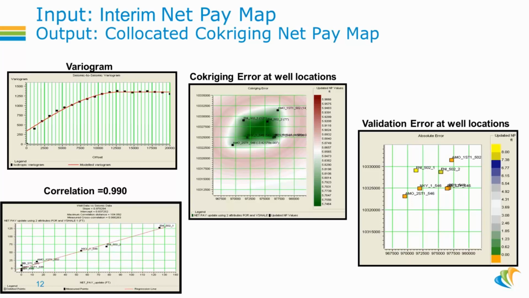Kriging and co-kriging are the standard geostatistical algorithms that we use for interpolating the data. You can plot various correlation plots, derive the maps of co-kriging error at the well location, do validation analysis on what's happening at the well location, and so on.